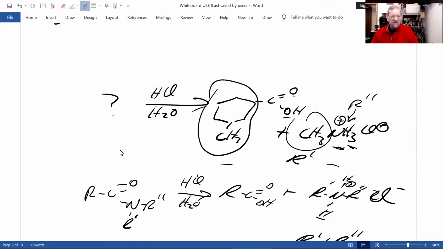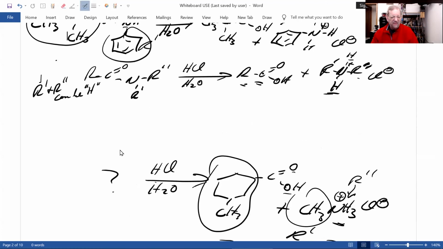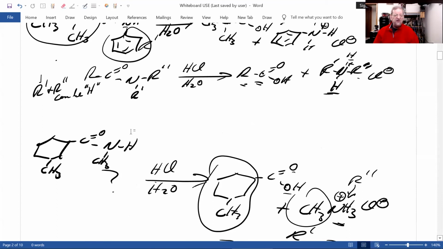If I come back over here, my R group is this cyclohexane ring with a methyl attached to carbonyl here, my nitrogen. One of the R groups, R prime, is methyl, the other hydrogen. And that's how you do acid hydrolysis of an amide.